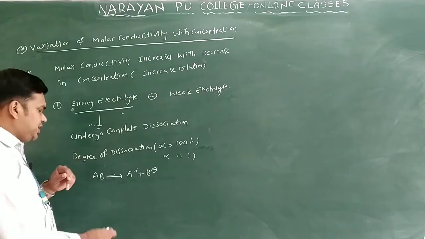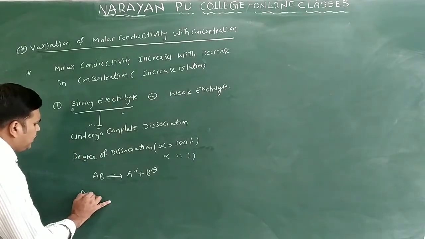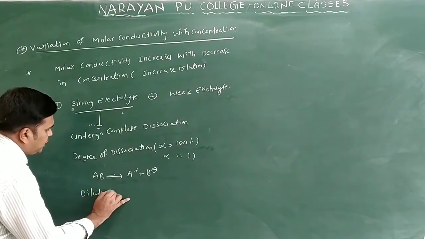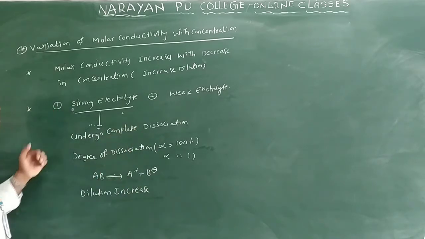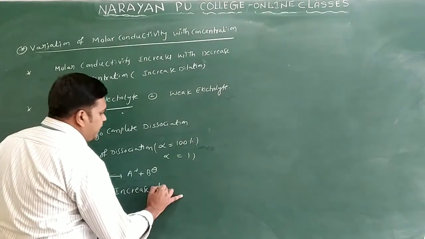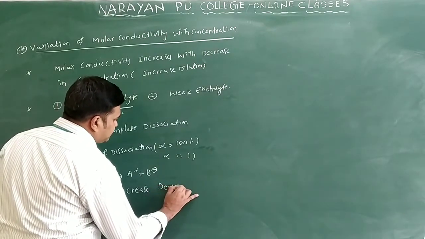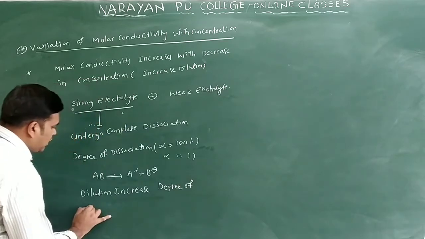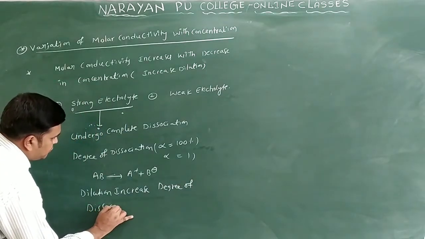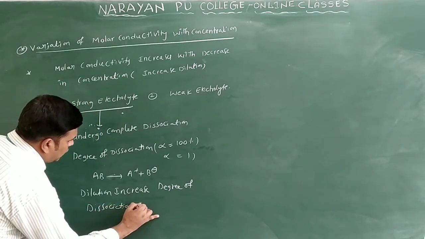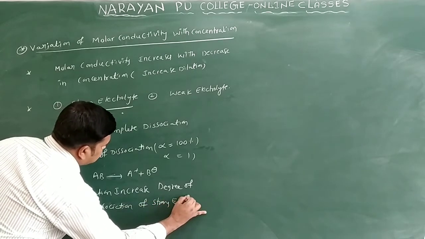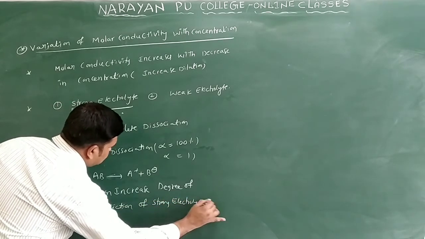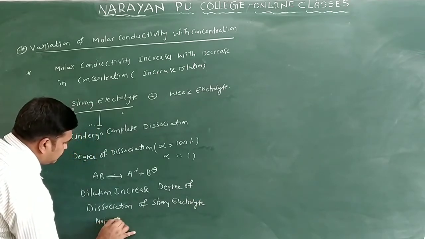If the dilution increases, dilution increases means the concentration decreases. If the dilution increases, the degree of dissociation of a strong electrolyte does not change only.